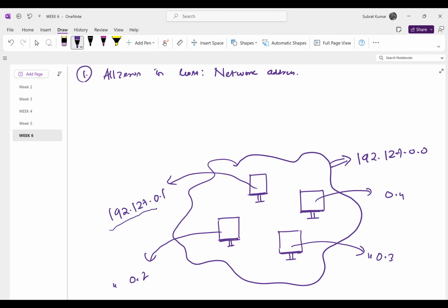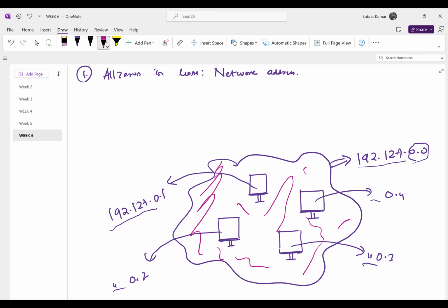You see 192.127 is the same in the network address as well as in the host addresses. Apart from the part which is the same, if you put everything as 0, that will represent the network's address.